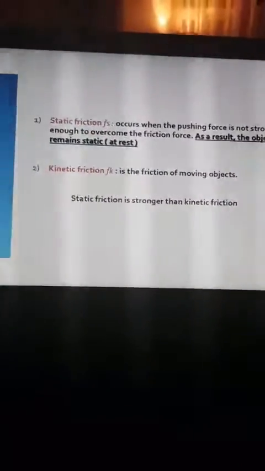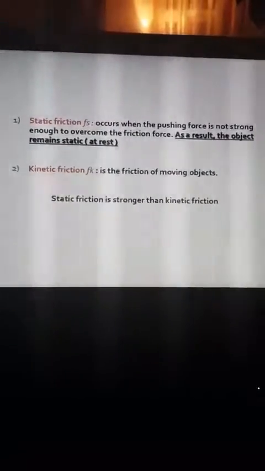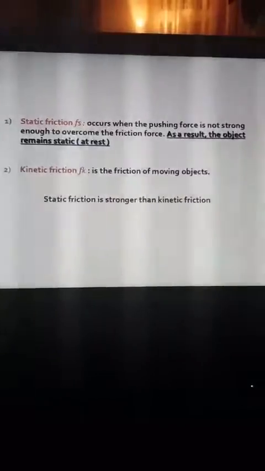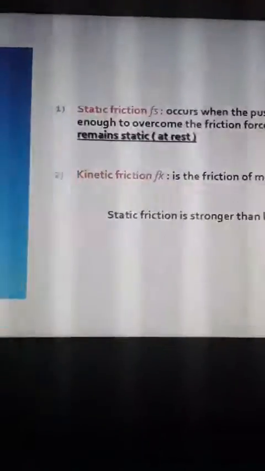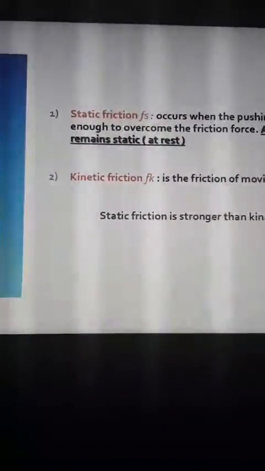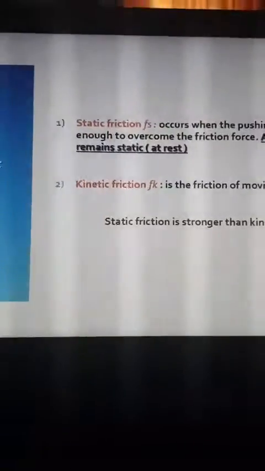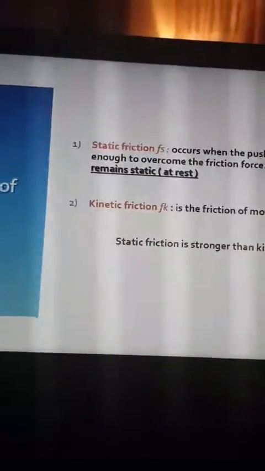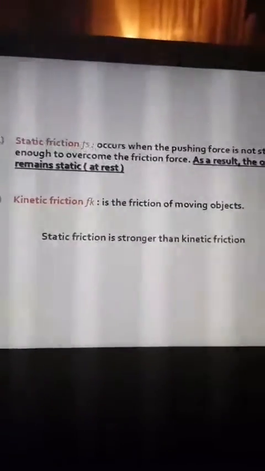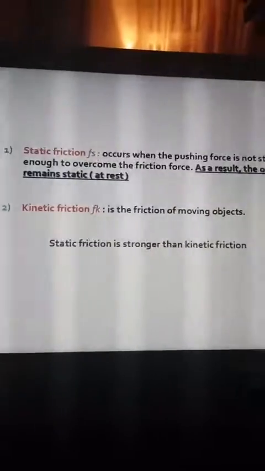Now, you have to understand and know that we have two types of friction. One of them is static friction and the other is kinetic friction. From their names, static means rest, no motion. Kinetic means motion. So static friction occurs when the pushing force is not strong enough to overcome the friction force.